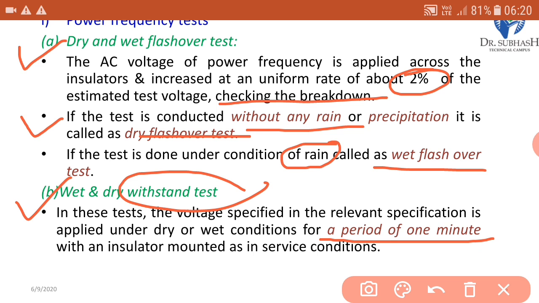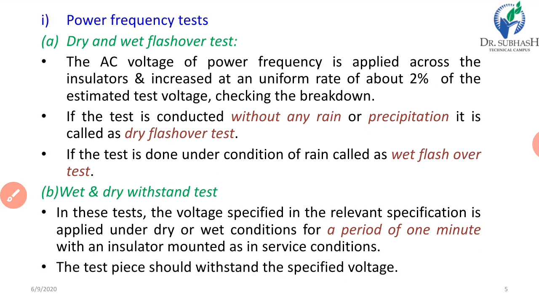Then we will do this test. The test piece should withstand the specified voltage. It means there should not be any flashover or puncture in the insulator during this test.